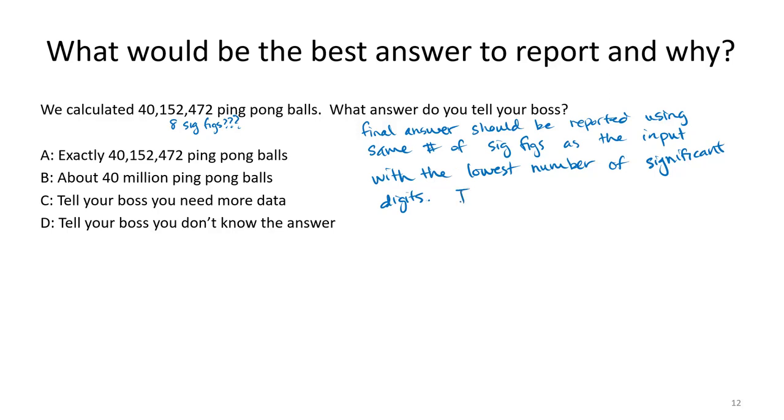So in this case, that lowest number is one significant fig, one sig fig.